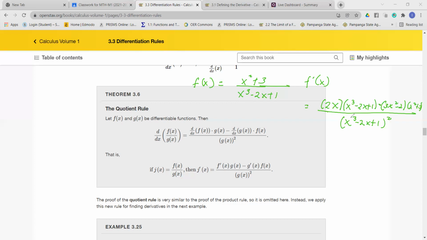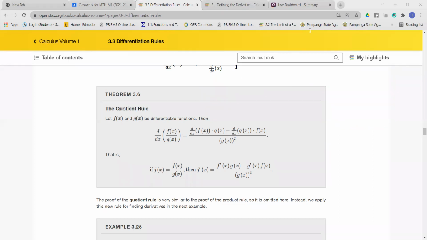Okay, so that's it. The denominator times the derivative of the numerator, minus the derivative of the denominator times the numerator. The derivative of the numerator always comes first, and don't forget that between the terms it's a minus sign.